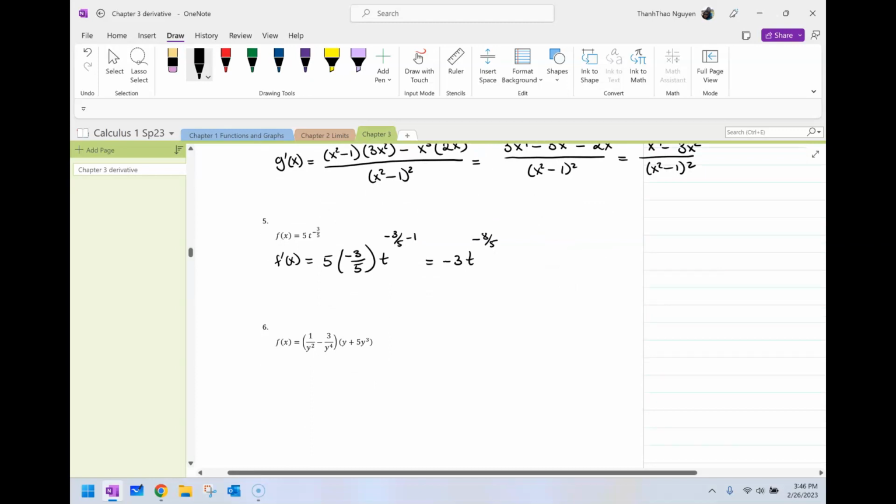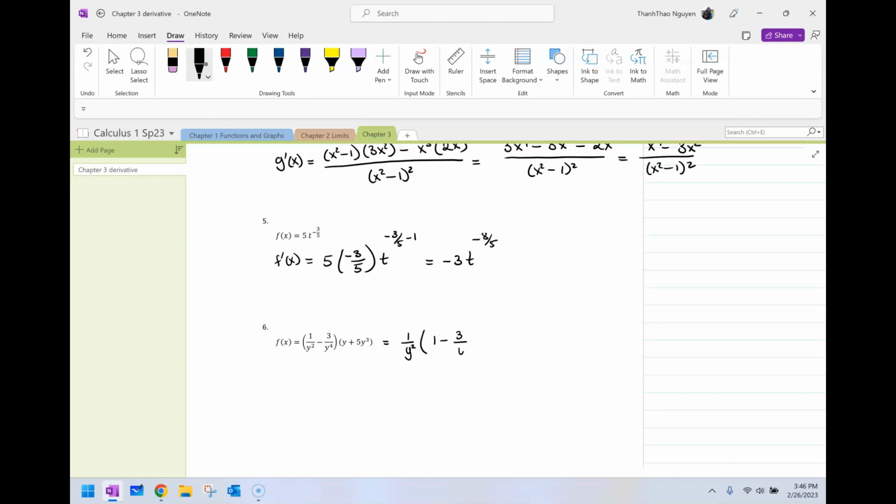In the next one, if we can simplify things first, I recommend you try to simplify first. I can factor out 1 over y squared in the first factor to get 1 minus 3 over y to the second. I can factor out a y in the second factor to get 1 plus 5y squared.